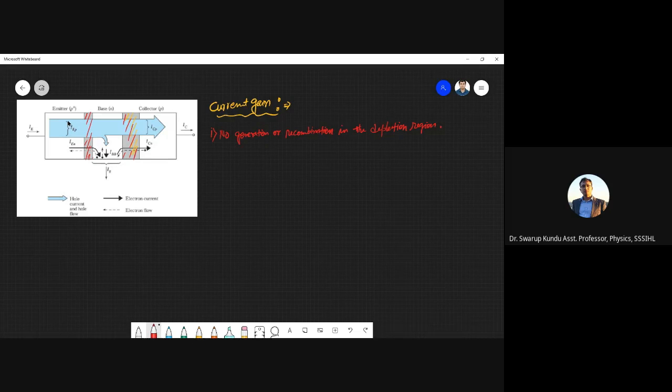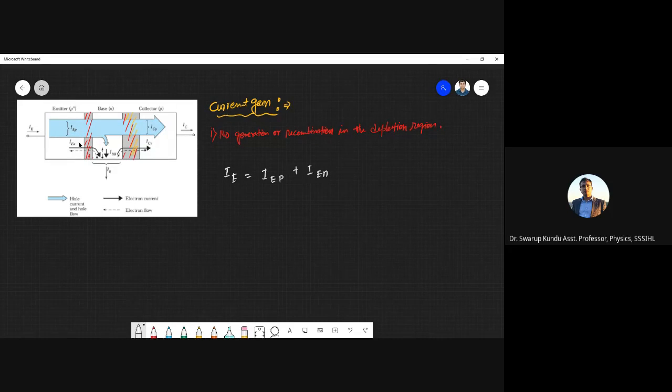The total emitter current IE will be equal to IEP plus IEN. IEP is the largest current, coming from this whole injection process due to the forward bias.